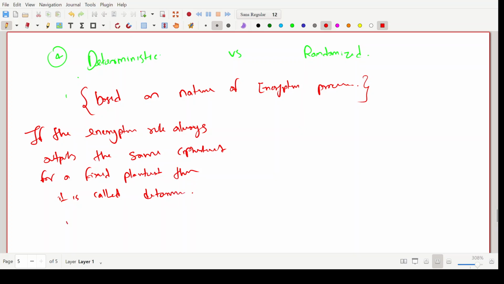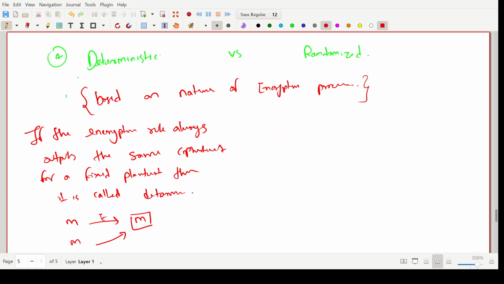That means suppose I'm having message M, I am encrypting it, I'll get this encrypted form, correct? And again I am putting the message M, the same encryption, and I'll get the same ciphertext. Correct? All the time I am putting my message, I'll get the same ciphertext.